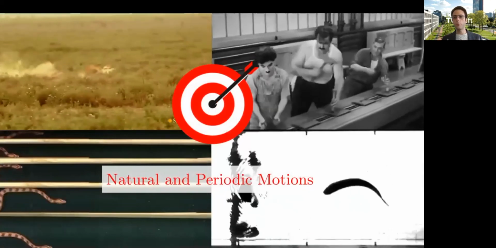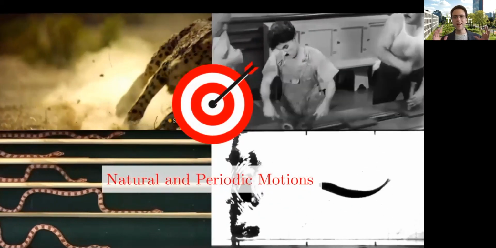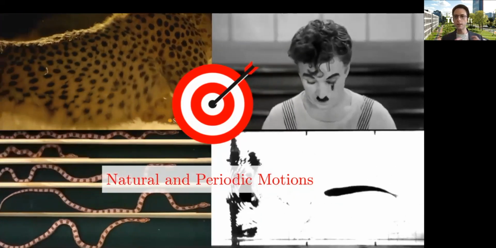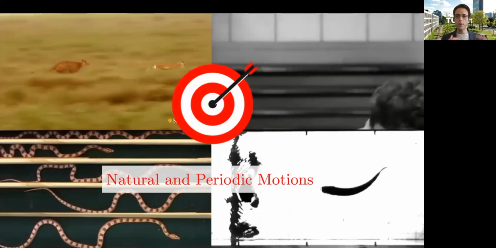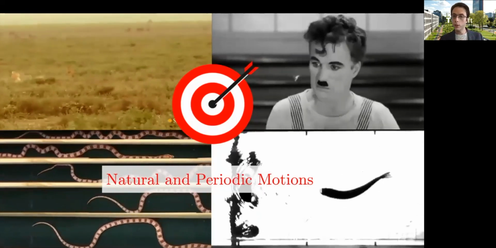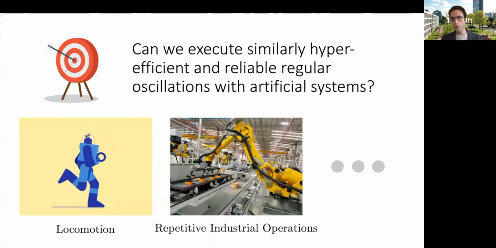We start from the good old natural inspiration and the fact that all animals are able to exploit the natural dynamics to perform oscillatory motions in an efficient and effective way. So we would like to obtain similar performance in periodic tasks with artificial systems, like, for example, robots.